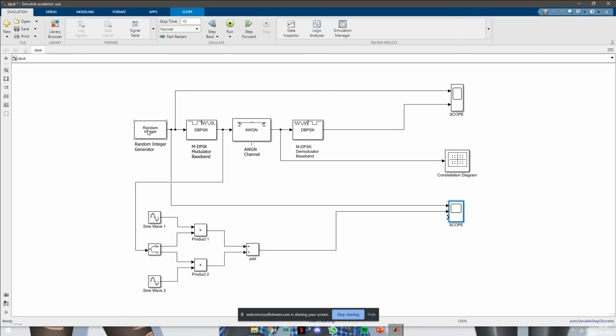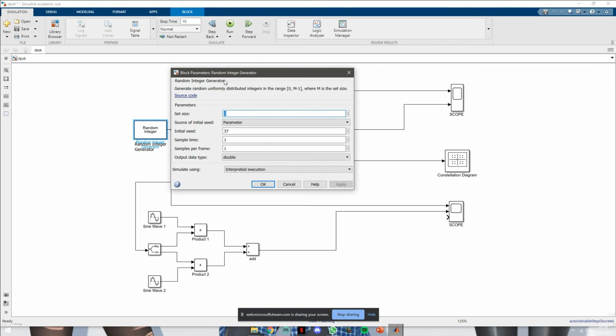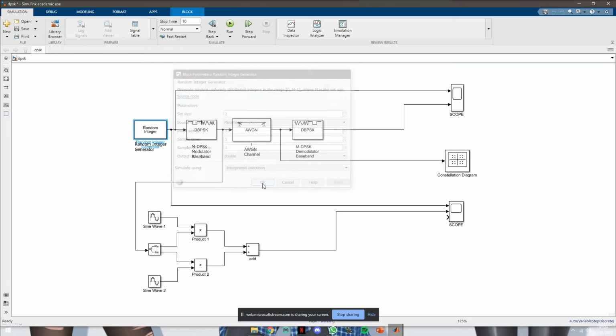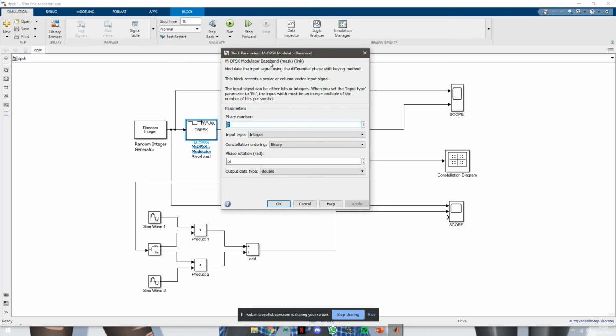The first block is the random integer generator. We set the set size to 2, the source initial seed 37, sample time is 1, samples per frame 1, and the output data type double. Then we move to the next block.